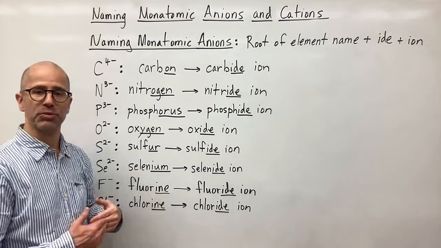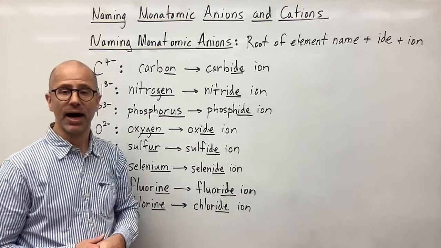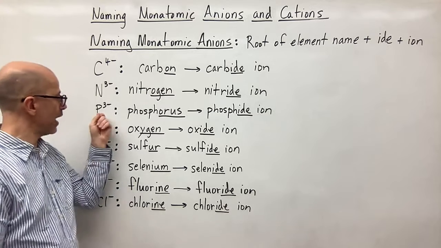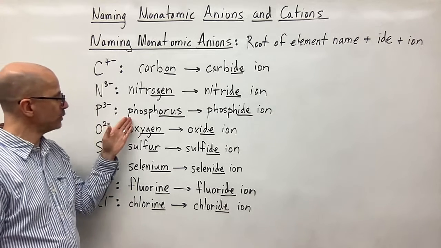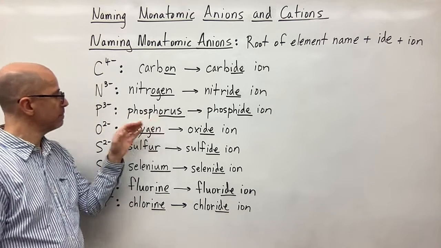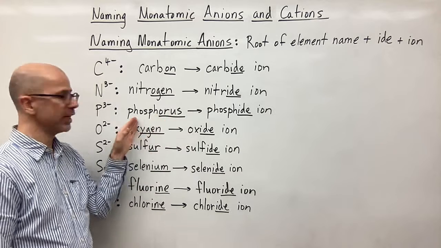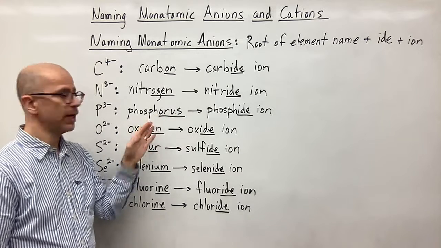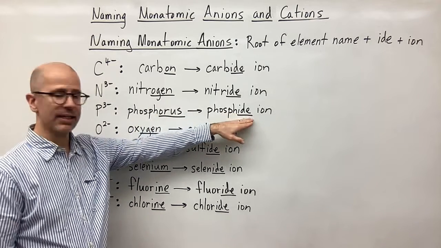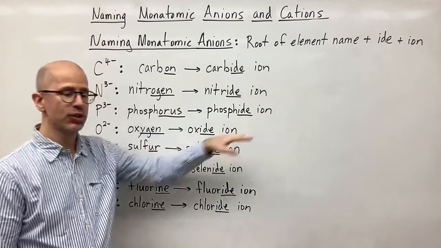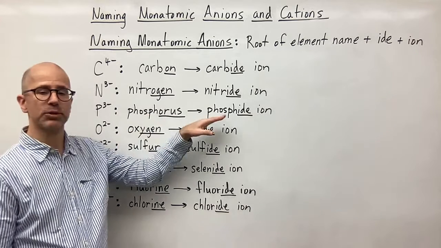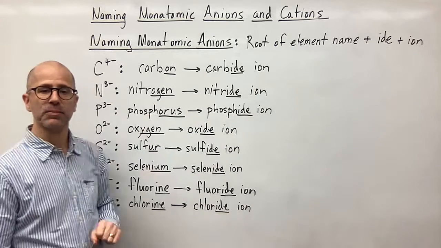So nitrogen becomes the nitride ion. Same with phosphorus. So phosphorus, we're going to drop the ORUS ending, and we're going to keep the root phosph. And we're going to add IDE and the word ion. So phosphorus becomes the phosphide ion.